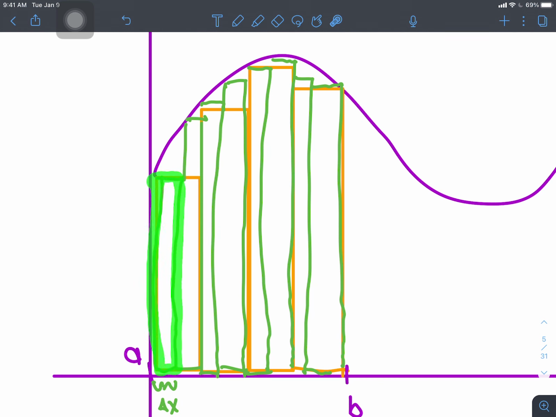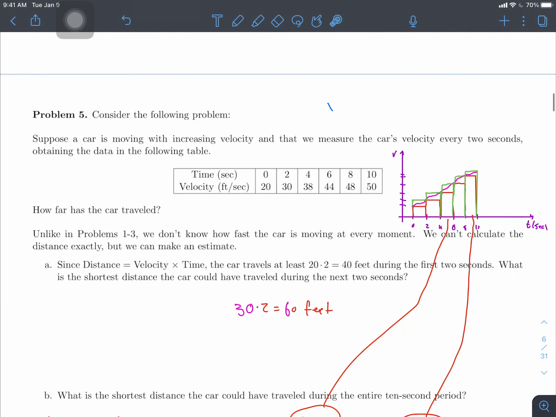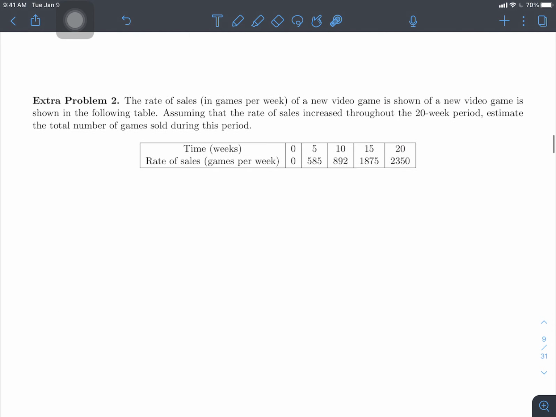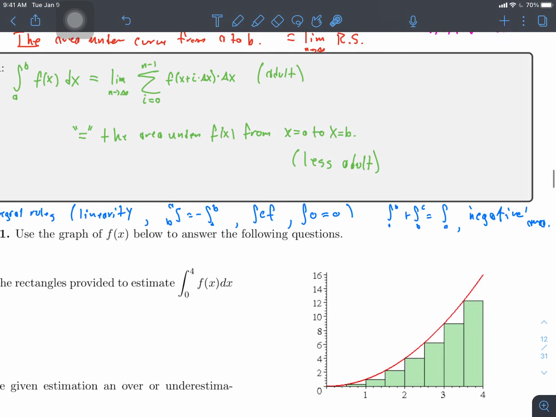When I do this guy and this guy, they give me a little bit better approximation of this first little piece of area than does the orange rectangle, because it fills up more of that space. So the more rectangles we use, the better the approximation gets. And if we do it an infinite number of times, whatever that means, we don't say what it means, then we're going to get the actual area under the curve.